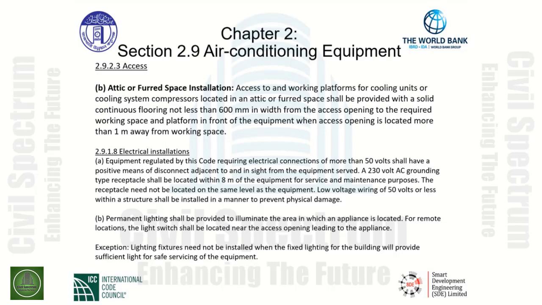2.9.2.3, Item B, Attic or Furred Space Installation. The access to and working platforms for cooling units or cooling system compressors located in an attic or furred space shall be provided with a solid continuous flooring, not less than 600 millimeters in width from the access opening to the required workspace and equipment platform in front of the equipment when the access opening is located more than 1 meter away from the working space.